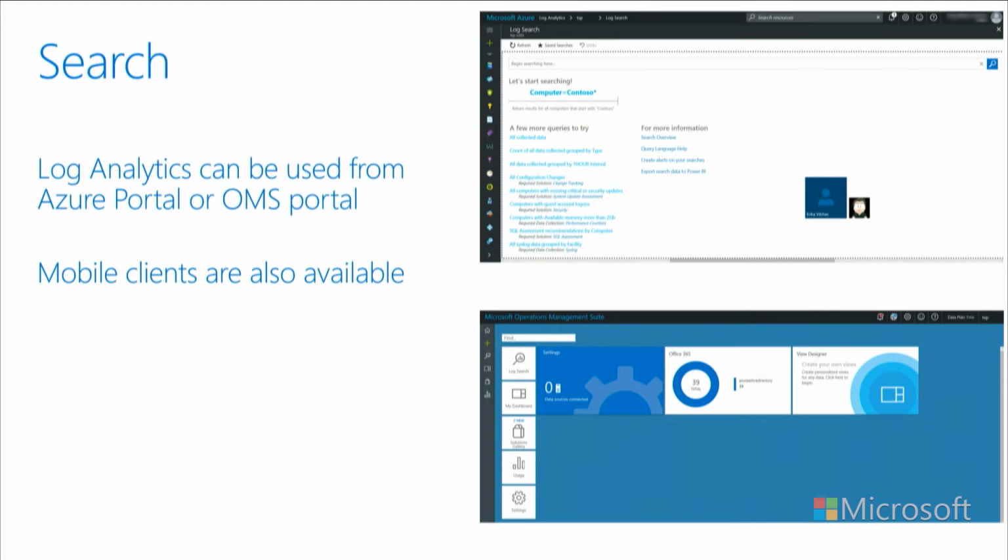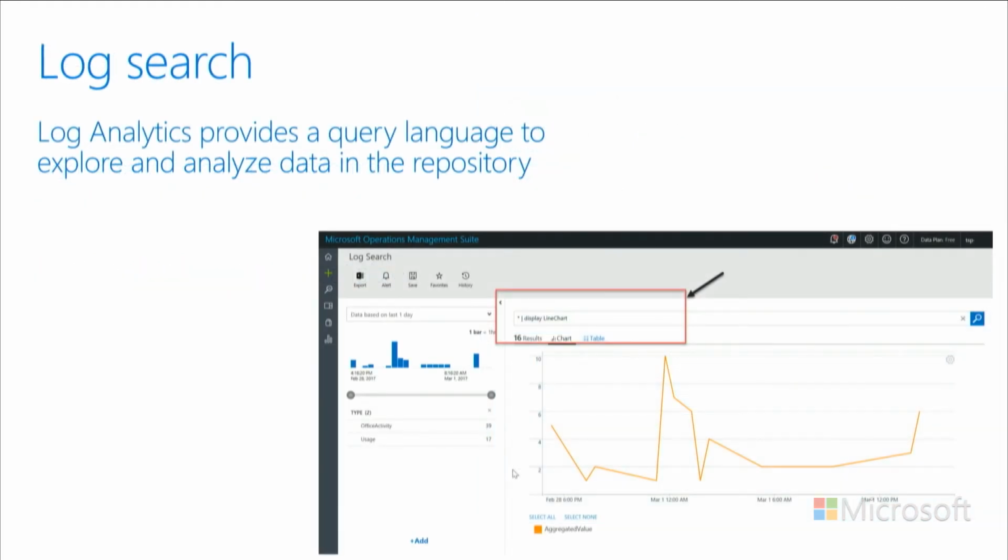There are also mobile clients that you can use to see the data from the major mobile platforms. You can download them from the Windows Store, the Apple Store, or the Android Store. Log search is something that you do in the browser. You don't need to install anything.